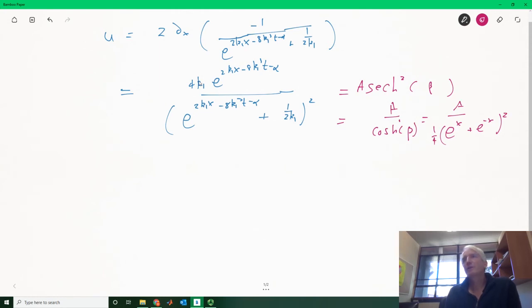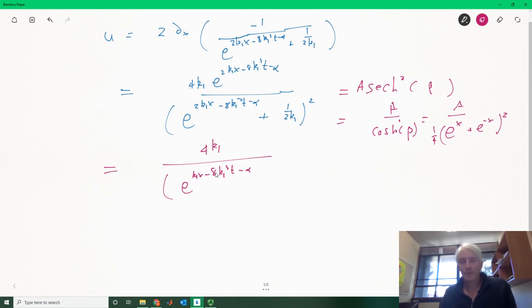So what we're going to do, we're going to divide by this number here, and since it's squared underneath here, when it comes in it's going to lose the 2. So we're going to end up with sort of coming into balance, right? We're going to end up with 4k1 divided by, so this is going to become e to the k1x minus 8 k1 cubed t minus alpha.